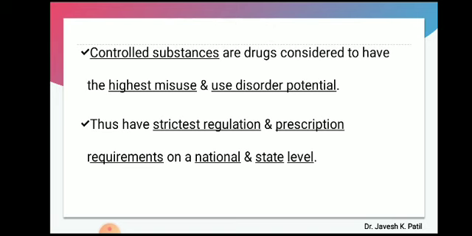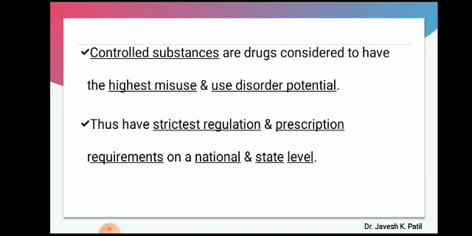Thus all such controlled substances are said to have stringent guidelines or strict regulations, as well as specific requirements while writing them in the prescription, at both national as well as state level.